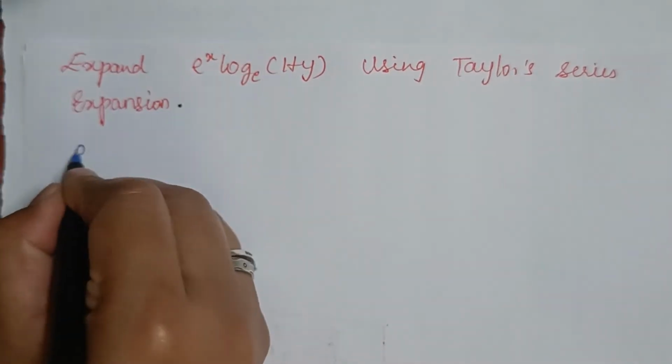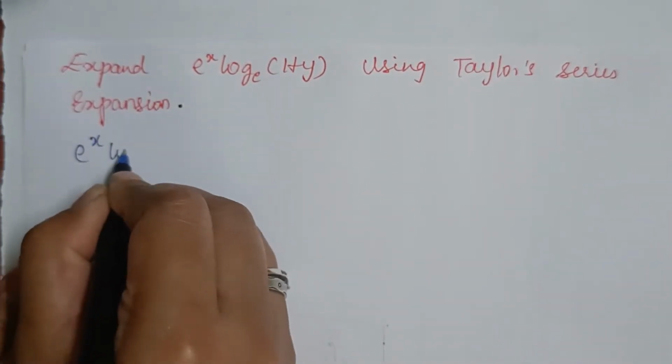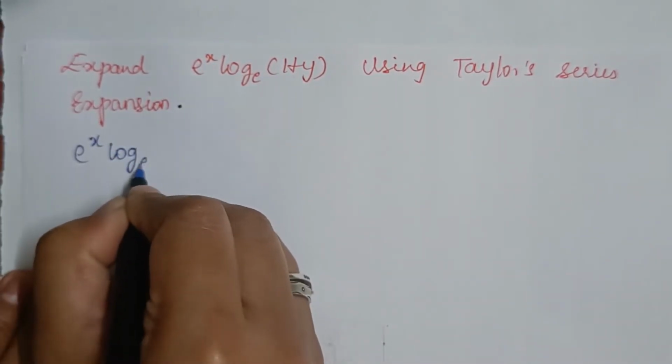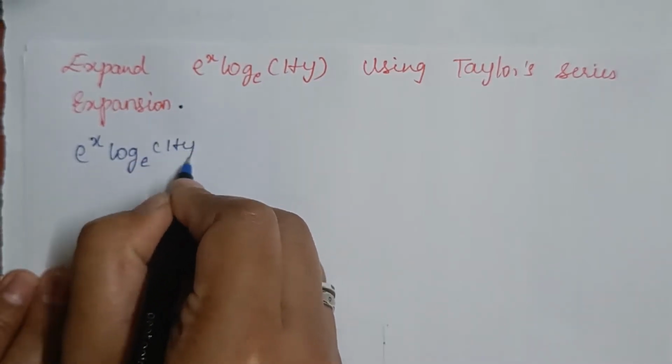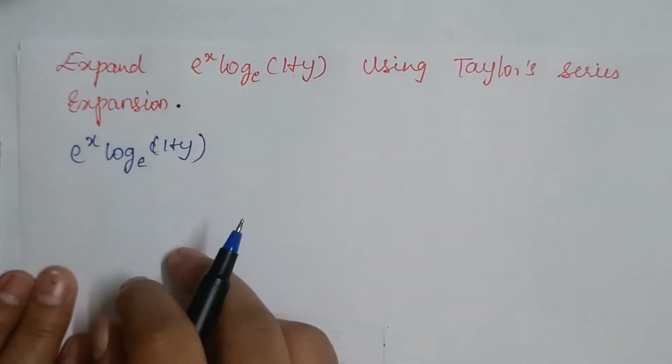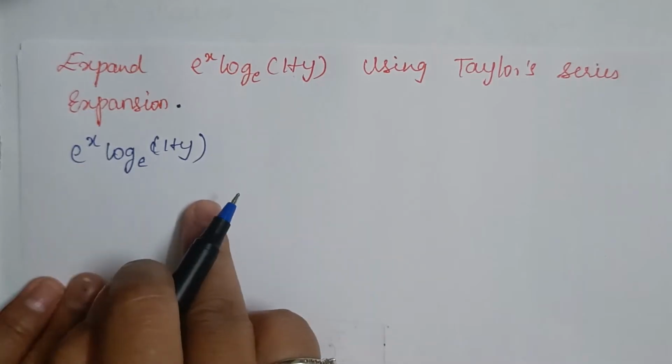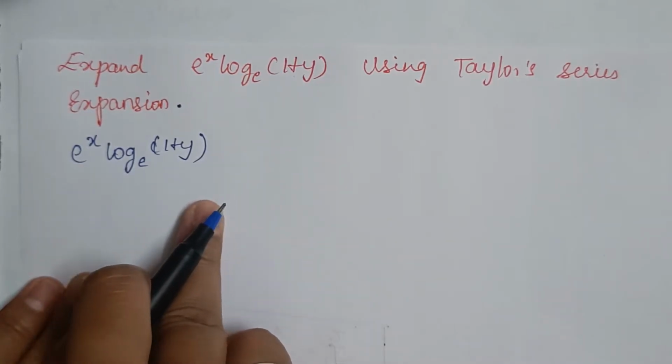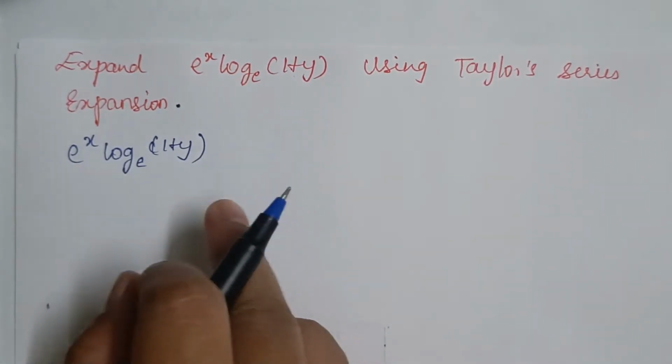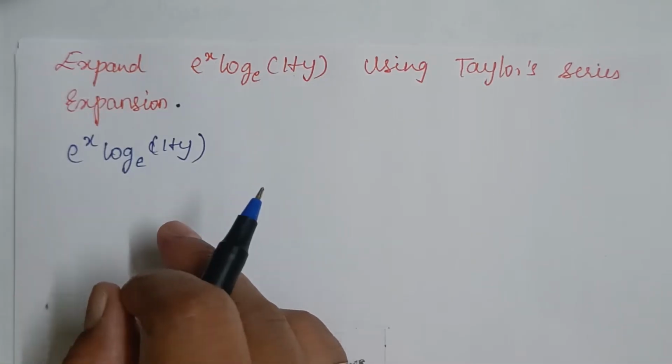Now this is the function given, e power x log to the base e of 1 plus y. Okay, so we will find it out using this Taylor series expansion.